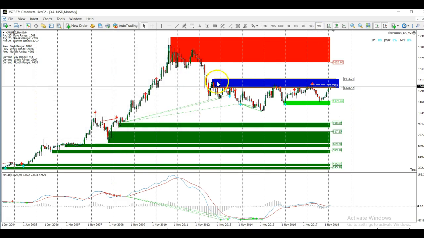We're coming up into this area here. This is the highest it's been since 2012, so nearly 7 years. And you can see every time it comes up to this area, it bounces. Plus, this is a really good trading area.